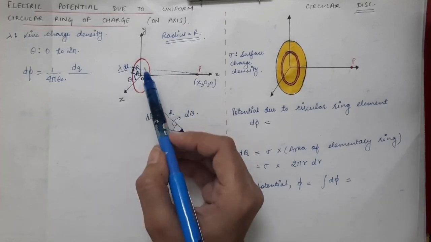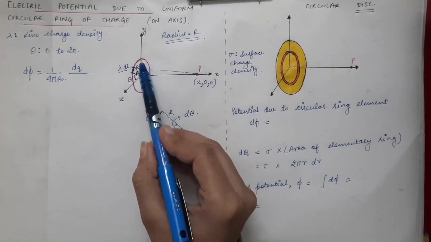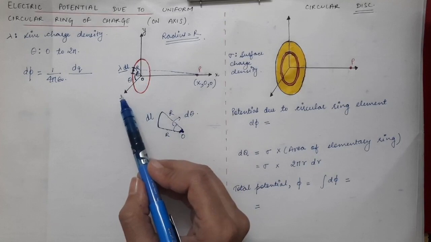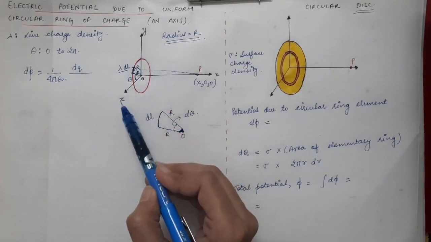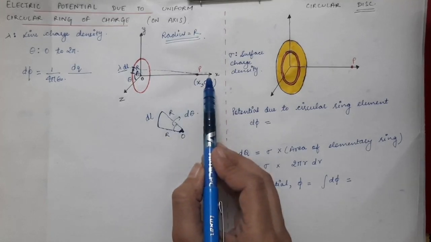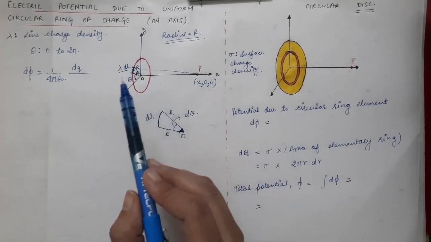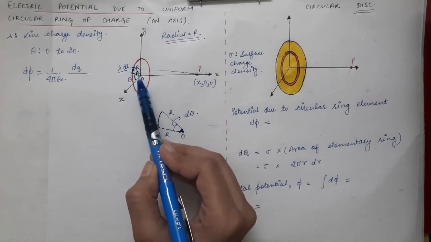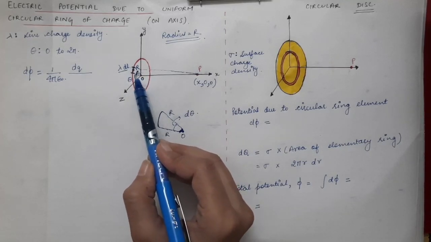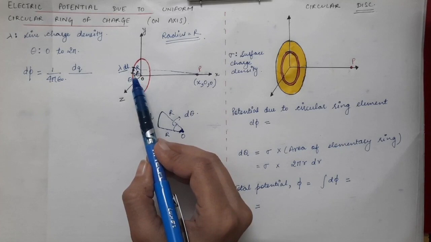As we have said, this ring is present in the YZ plane, so the plane of the ring is the YZ plane. This x-axis will make an angle of 90 degrees with the plane of the circular ring.